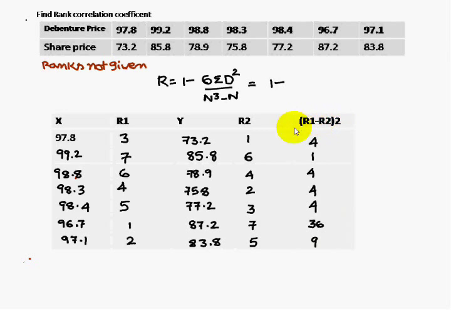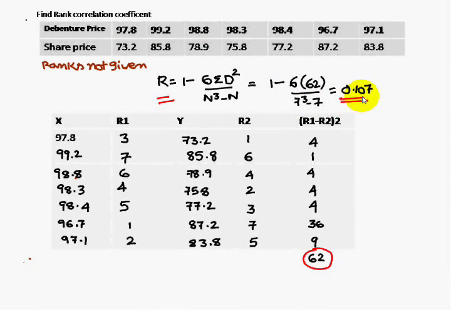So that is 6 into sigma d square, and the summation of this column is 62, divided by n, the number of values, which here is 7. Therefore 7 cube minus 7. If you simplify this, you are going to get r equal to 0.107. That means there is a positive correlation.